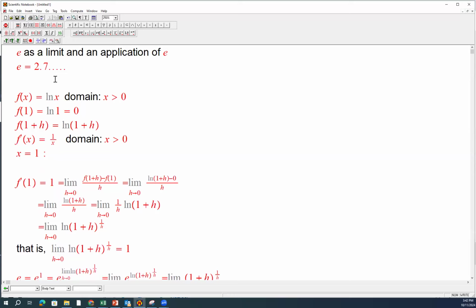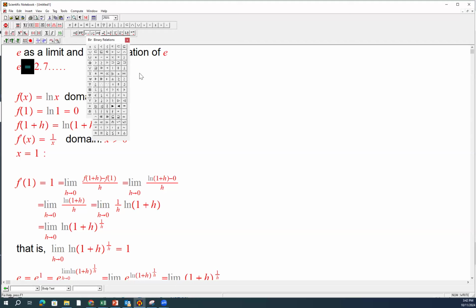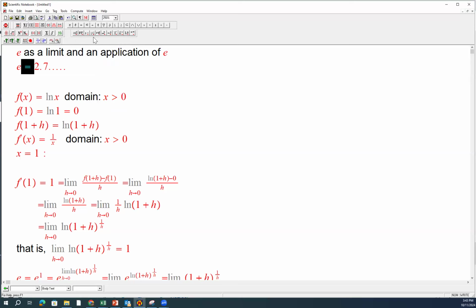So finally, I found in the textbook that e is given with more digits, so I'm going to put it in here to conclude this clip. It is approximately equal to 2.7182818.